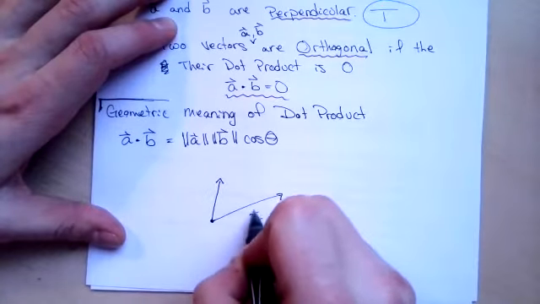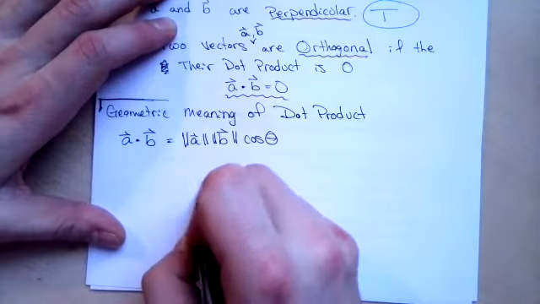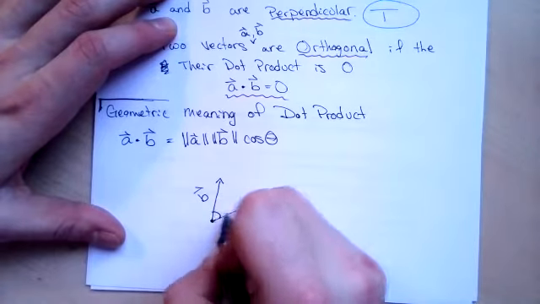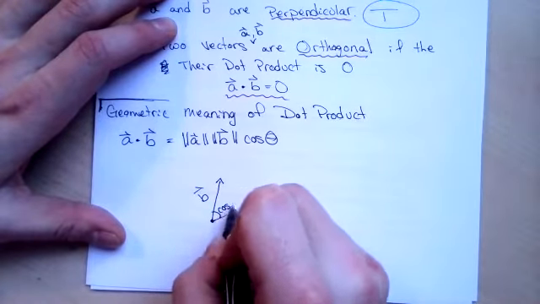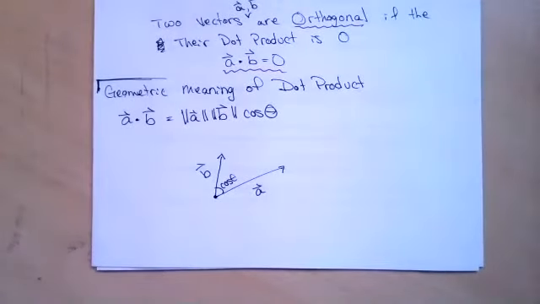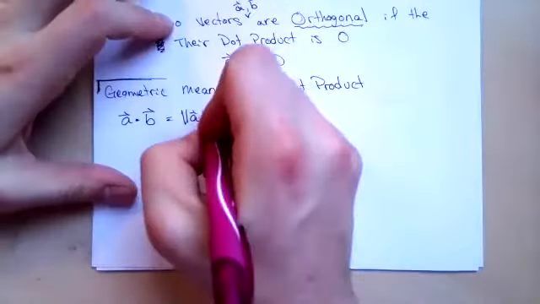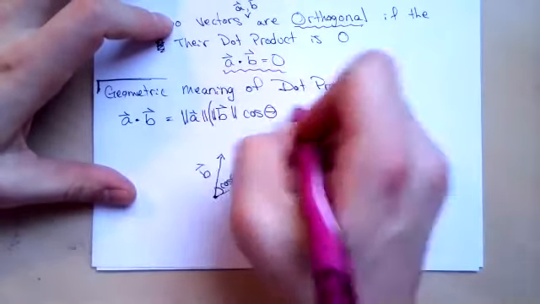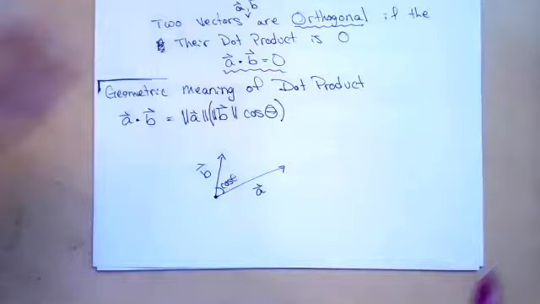Let's say this guy's our vector A, and this one's our vector B. And then we have our cosine of theta here. So let's take a look. What I want you to look at is just this right part. What is this B cosine of theta?